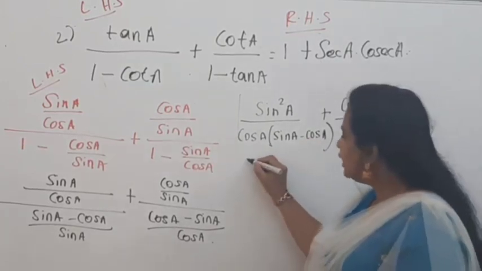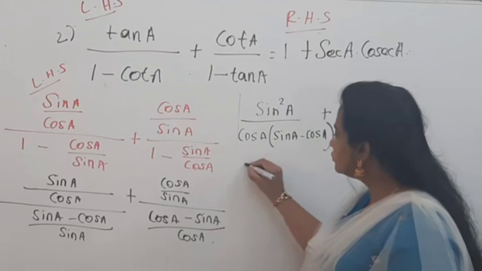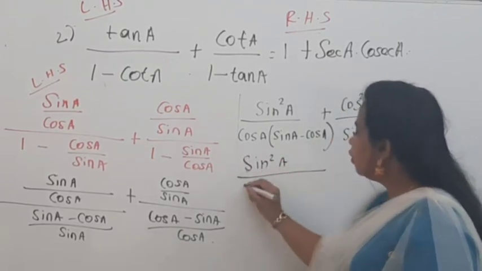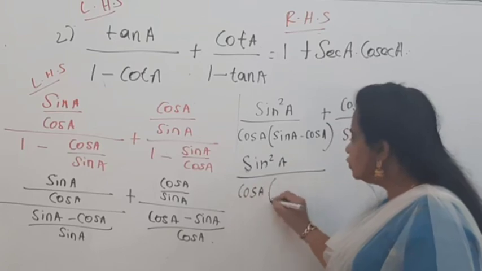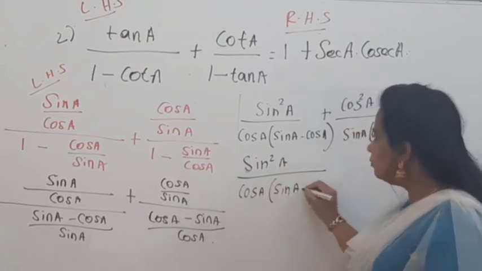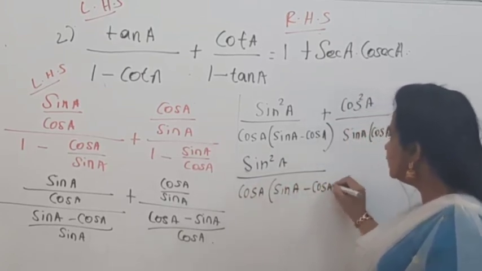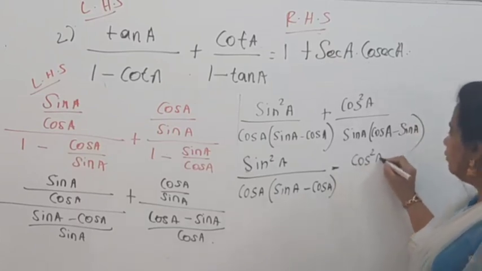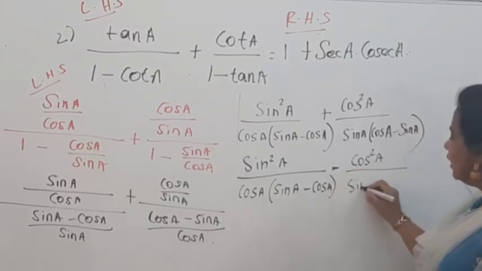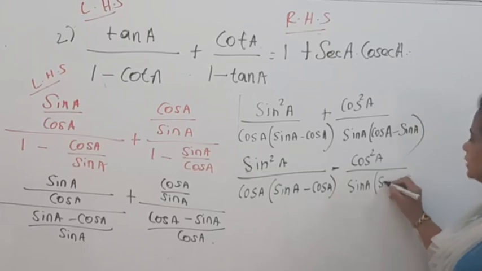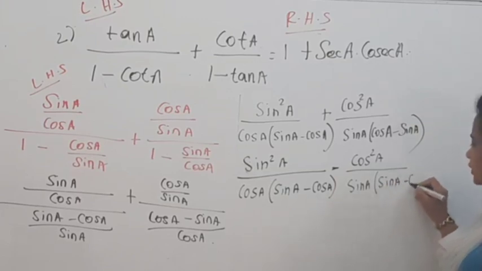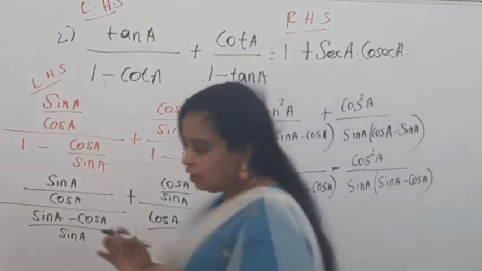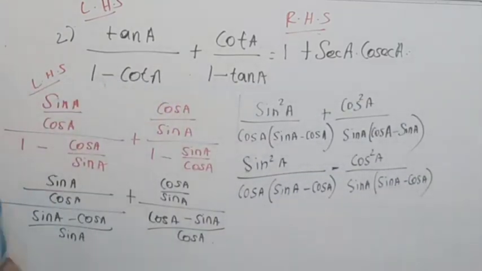That is sine square A divided by cos A into sine A minus cos A. I am not touching the first term, so I will keep it as it is, minus cos square A divided by sine A into sine A minus cos A. Hope you get this point, how to get your terms in order.